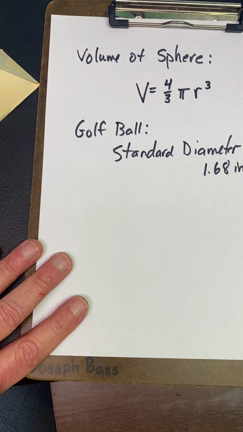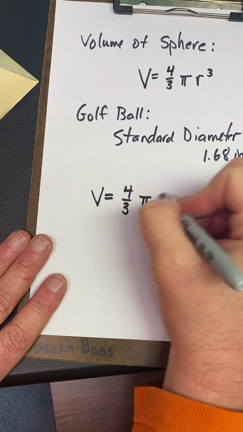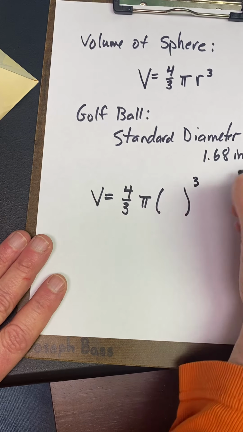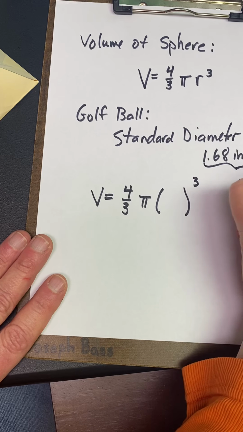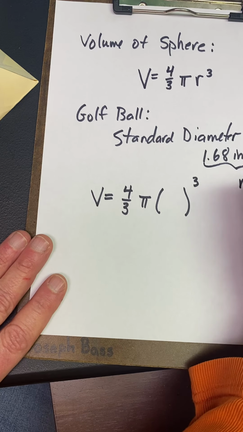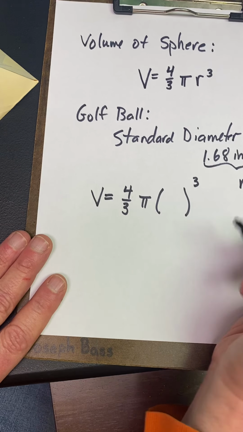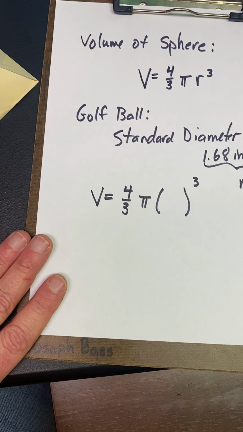Okay, so it's a sphere. And so what is its volume? The volume of a standard golf ball would be 4/3 pi r cubed. R, well, if the diameter is 1.68, that tells me that the radius is 0.84, half of that. Right? 1.68 divided by 2 is 0.84.